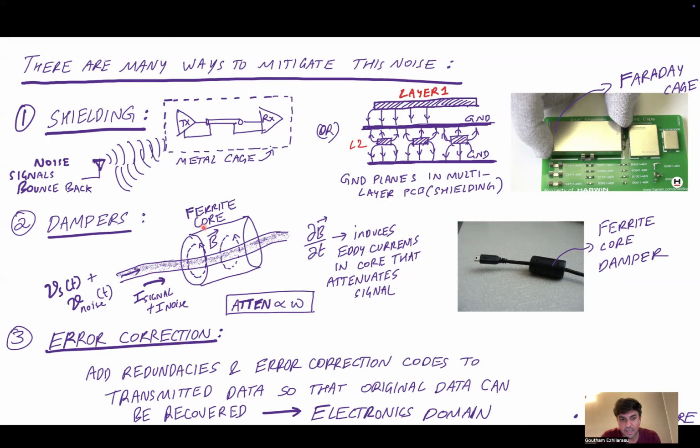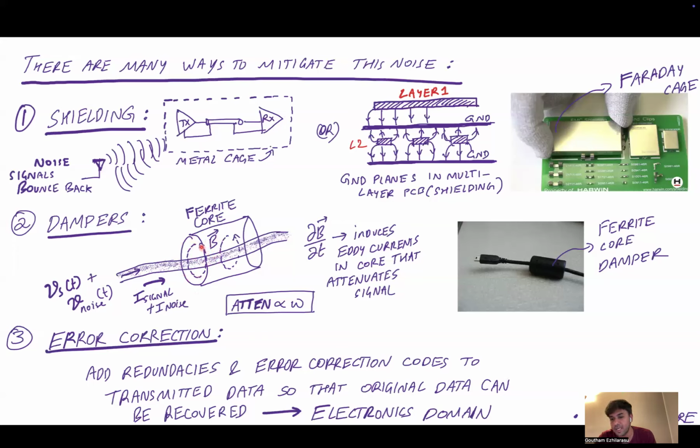Remember that from basic electromagnetism, the amount of eddy currents induced inside a magnetic core is proportional to the frequency, and the eddy current loss is proportional to the square of the frequency. Therefore, with this ferrite core, the noise signals, which have a very high frequency component, are going to have a very large attenuation in the ferrite core.